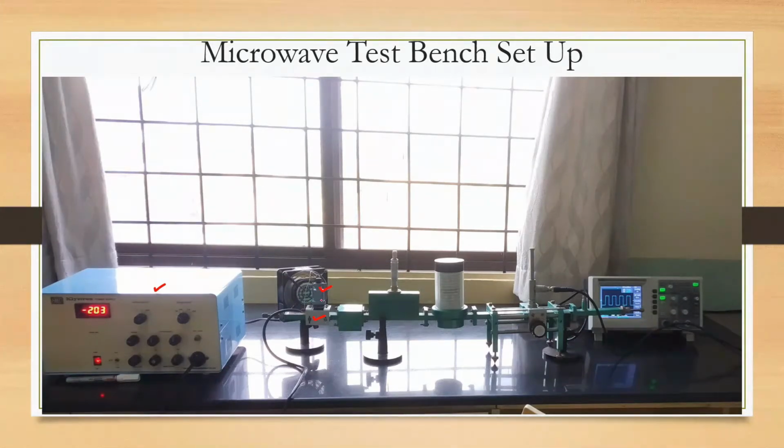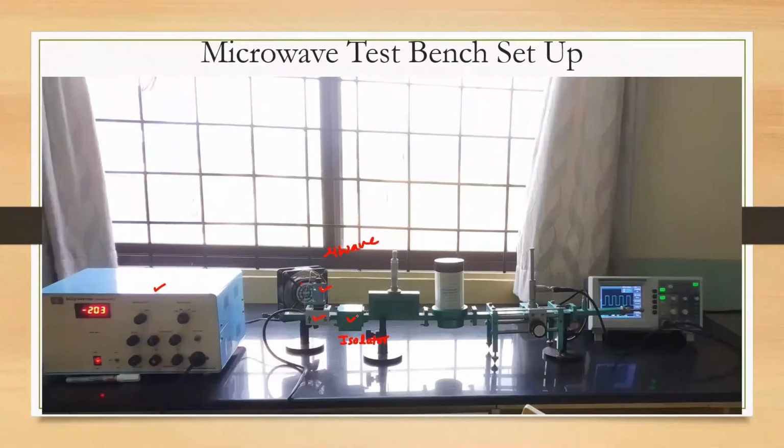This is a klystron tube which is generating the microwave signal. Then this is a cooling fan, because this tube gets heated. Since it operates on a very high voltage, it gets heated easily, and to cool that we have a cooling fan. Then the next component we see here is called the isolator.